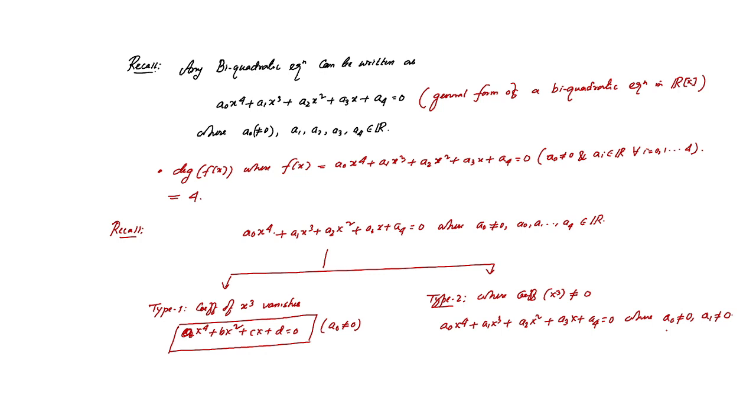That means the coefficient of x cube is non-zero. Now we will follow the procedure for solving the biquadratic equation of type 1 and type 2, both with the help of Ferrari's method. So first we come to type 1, then we will move to type 2.